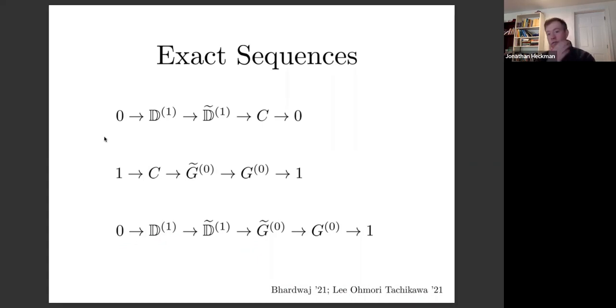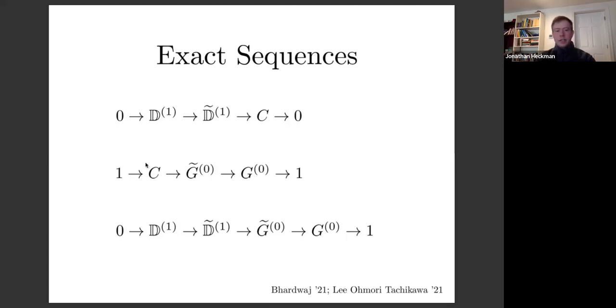Then there's the genuine one that you get once you properly account for screening and effects like this. So there's the defect group D1 right over here, and then all the rest of it. You can take these two short exact sequences and piece them together to form a longer exact sequence like this. Okay, that's a nice story.